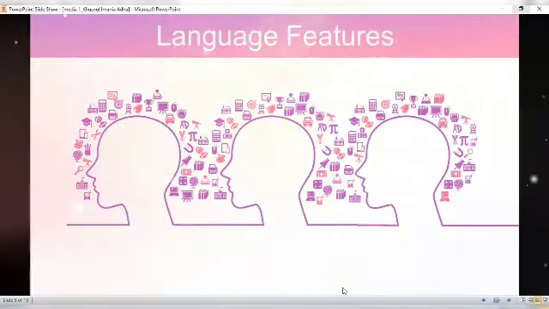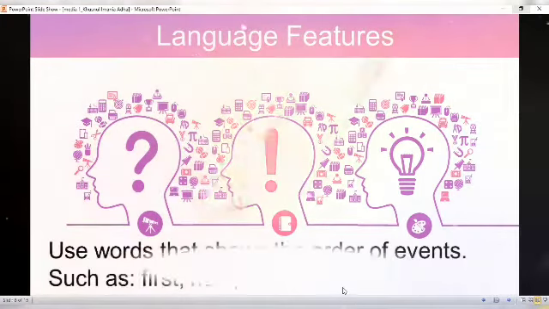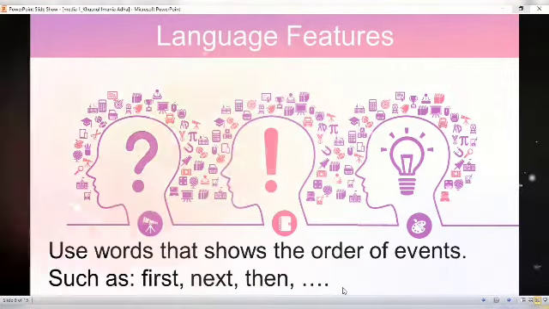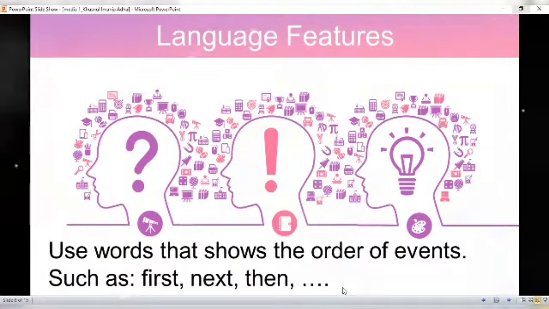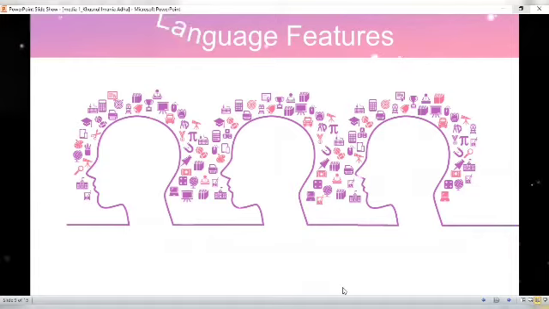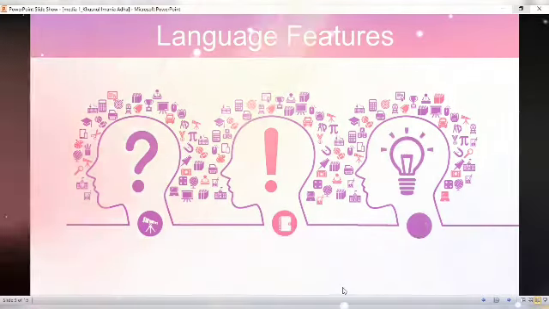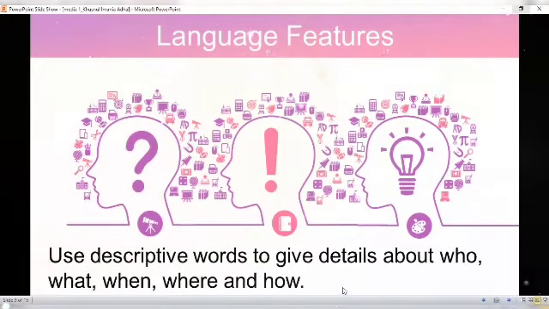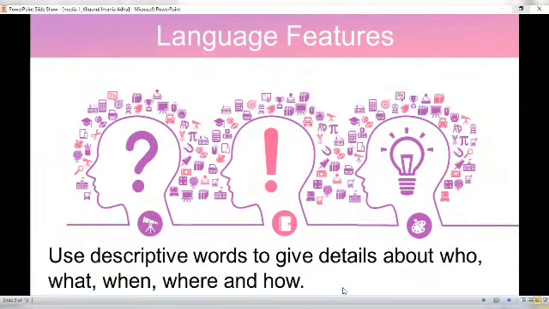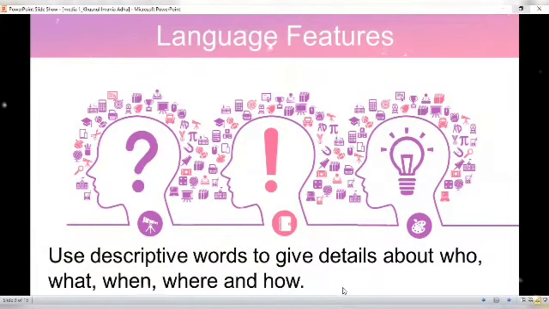Okay, the next language feature is to use words that show the order of events, such as first, next, then, etc. And the next language feature, use descriptive words to give details about who, what, when, where, and how. Describe it.